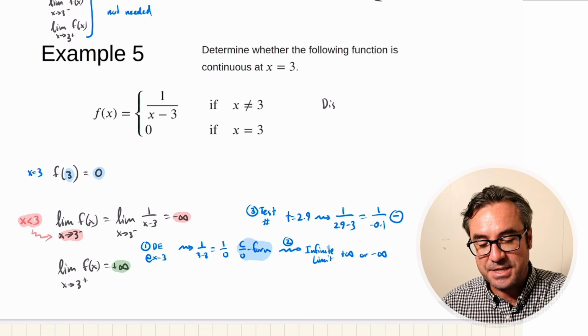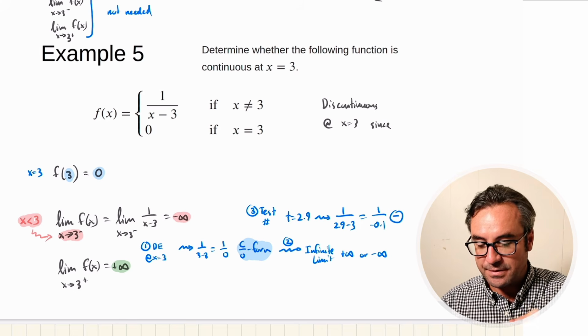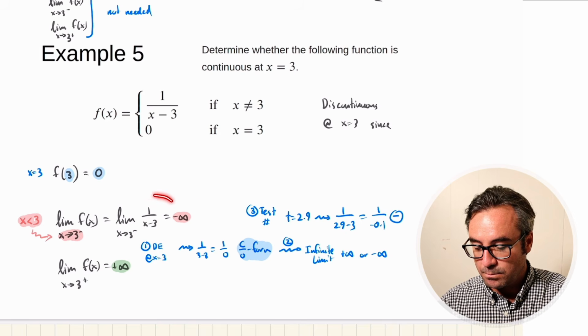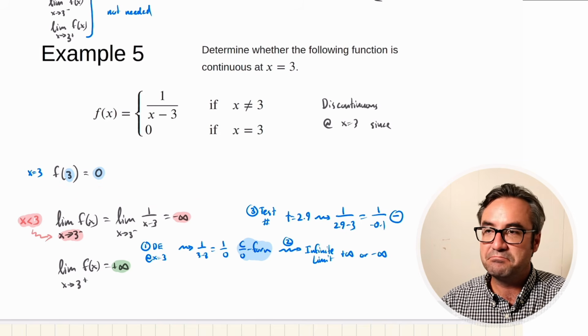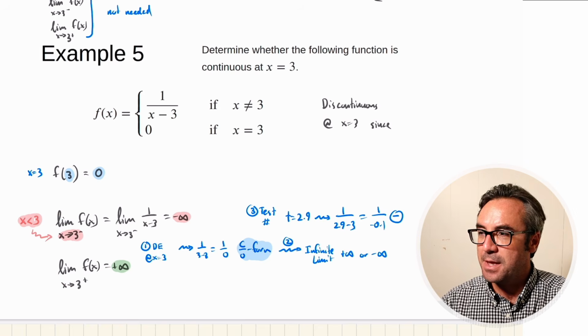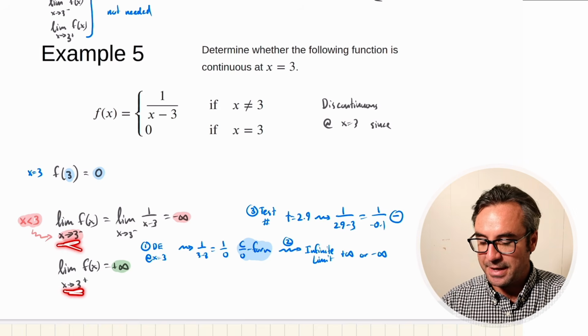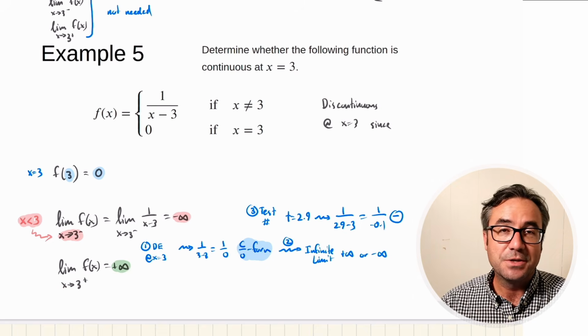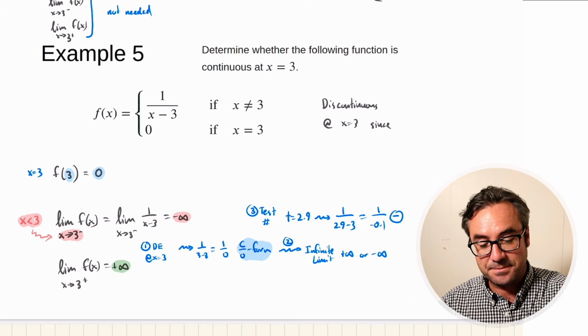So this is discontinuous at x equals 3, since, well, let's give a reason. There are all sorts of things we could say here, but if we look at the left-hand limit and the right-hand limit, these things don't match up, so the overall limit doesn't exist.